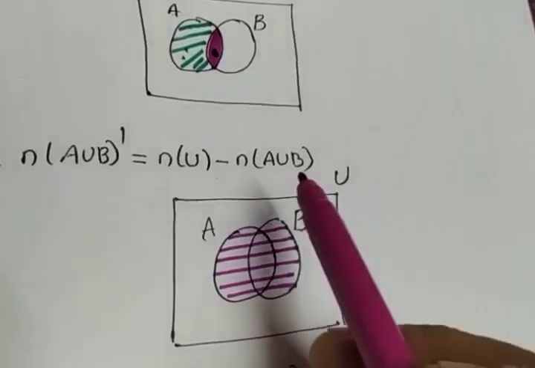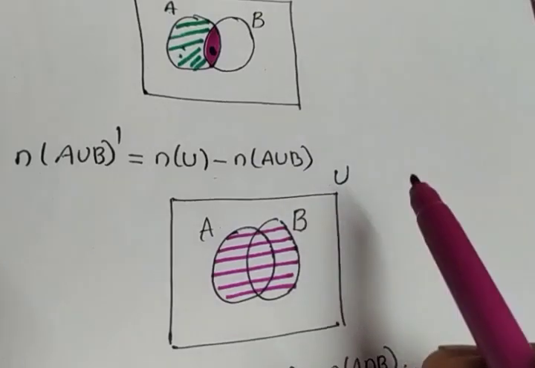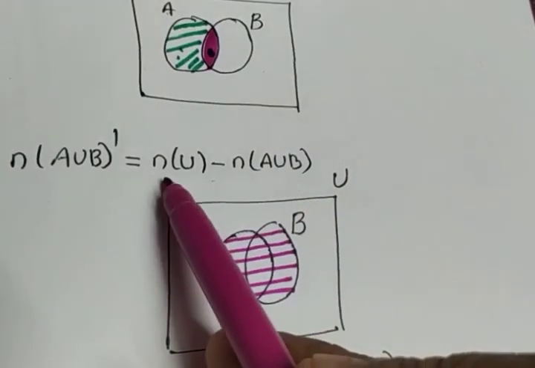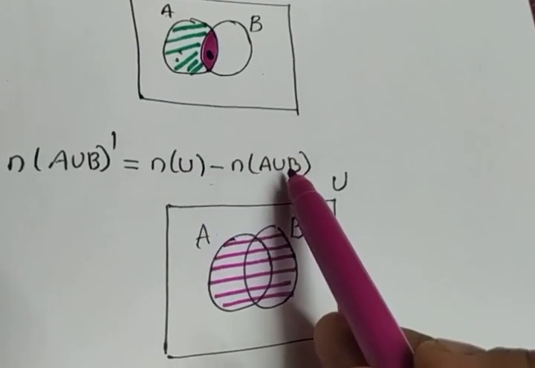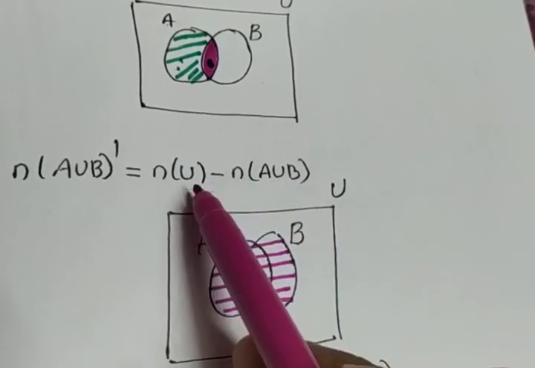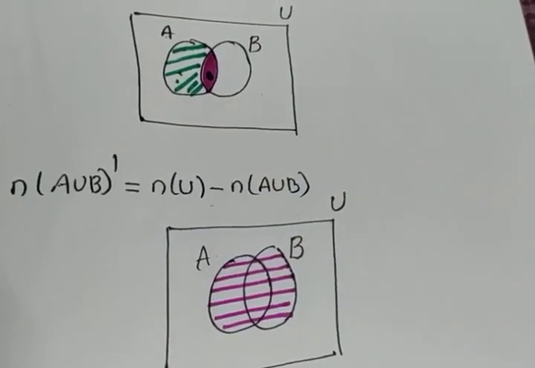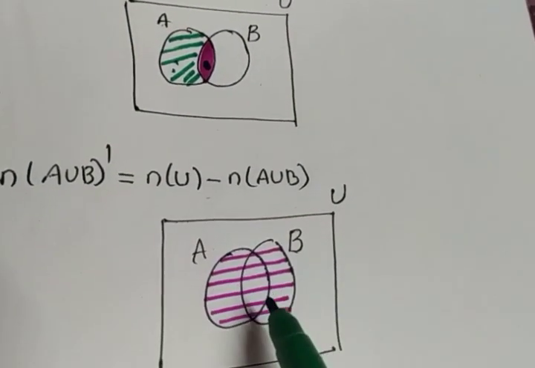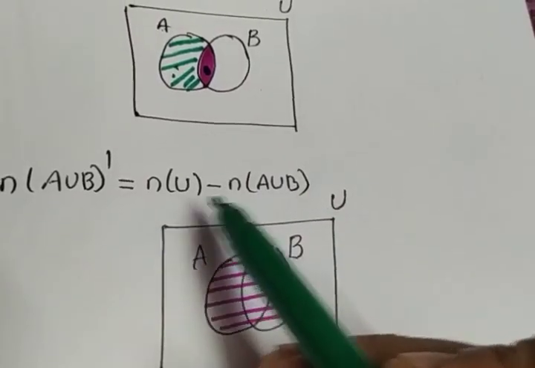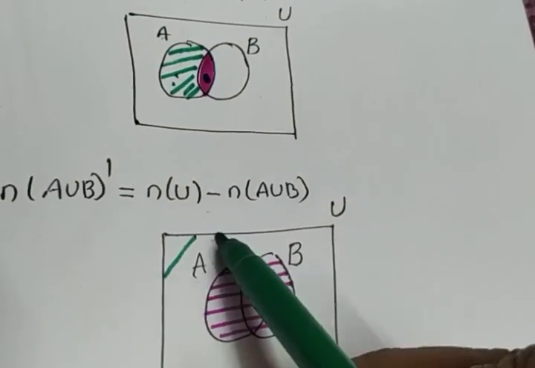The right side says n of U minus n of A union B. We are not taking the number of elements, we are just taking the sets: U minus A union B. U is the full set, and A union B is the magenta colored portion. So U minus A union B will be the green colored portion.